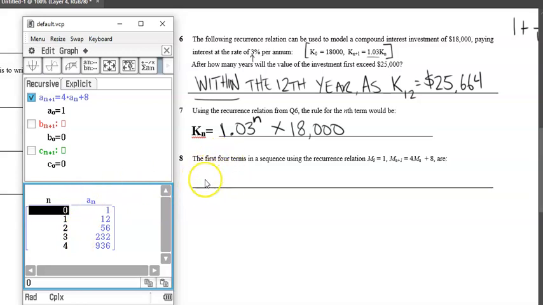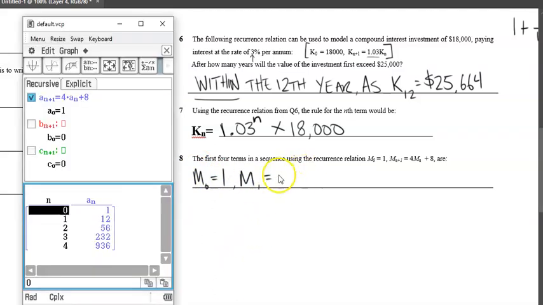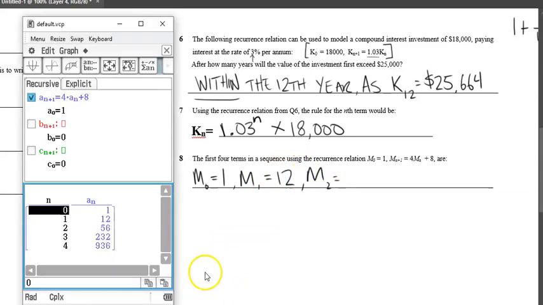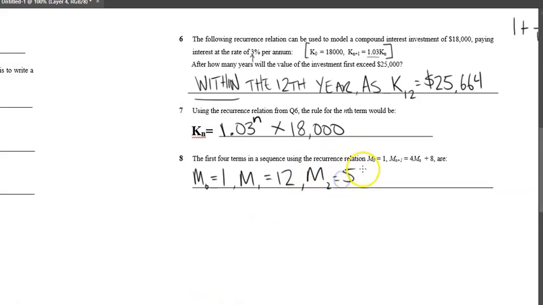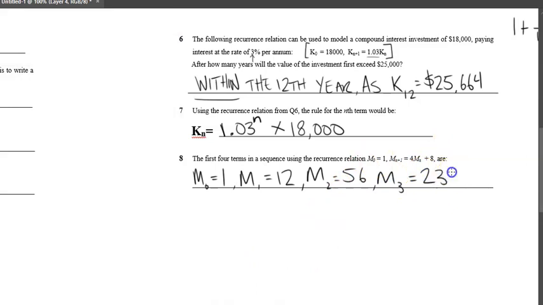So our first term, m of 0 is equal to 1, m of 1 is equal to 12, m of 2 is equal to 56, and m of 3 is equal to 232. So our first 4 terms within the sequence, 1, 12, 56, and 232.